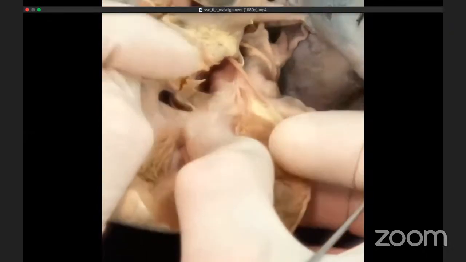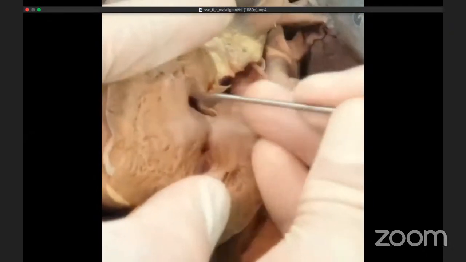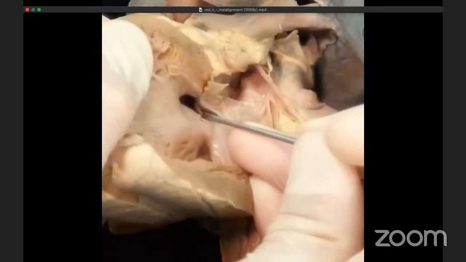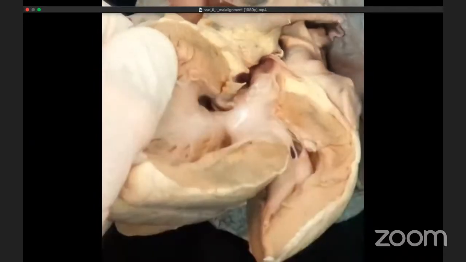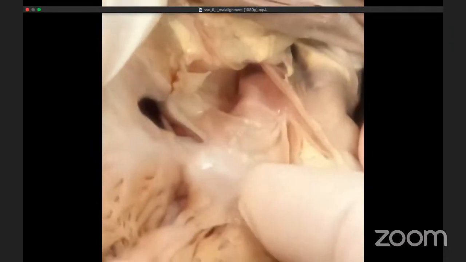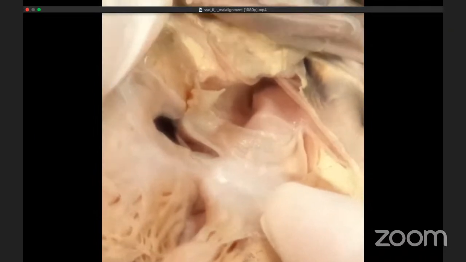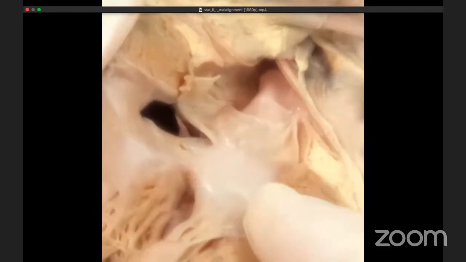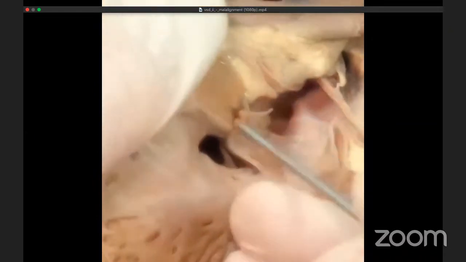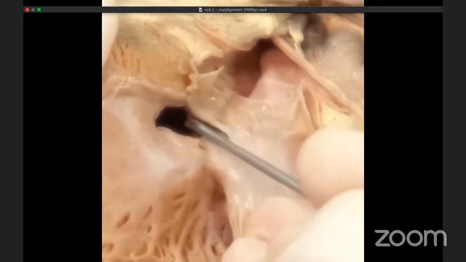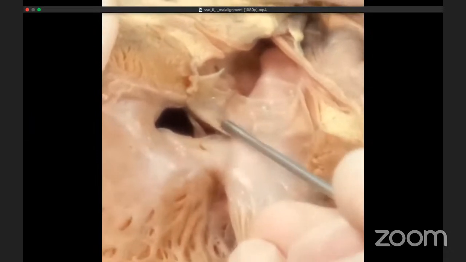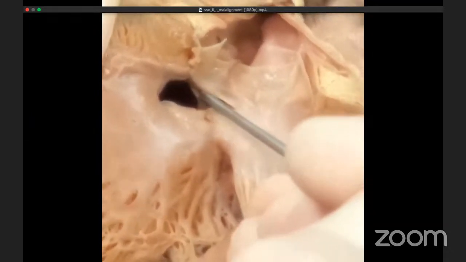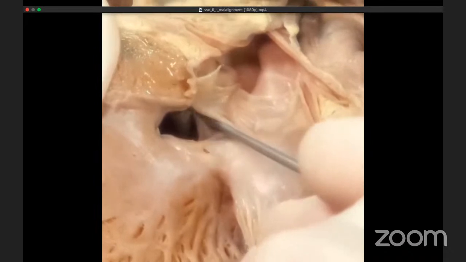You'll see there is a degree of malalignment there between the outlet septum, which is this structure, and the crest of the ventricular septum. If I just focus in on that slightly more, you will see that in this case, the outlet septum is essentially a fibrous cord. There really isn't much muscular component here, so we can assume that the proximal part of the outflow tract cushions below level of the forming arterial valves hadn't formed properly.